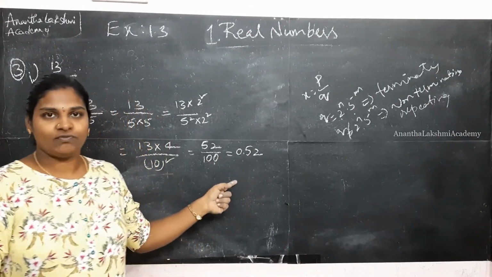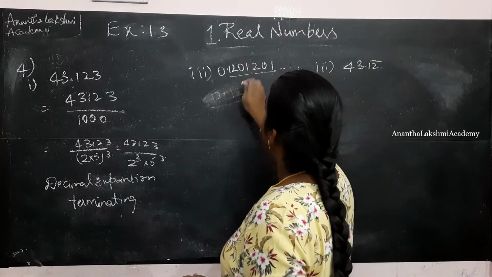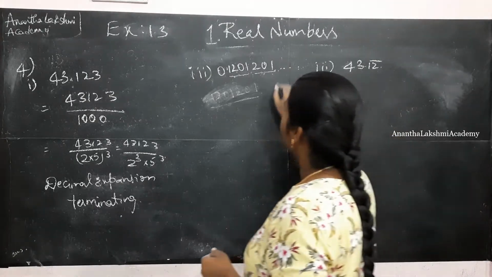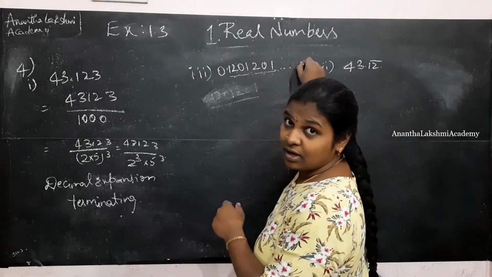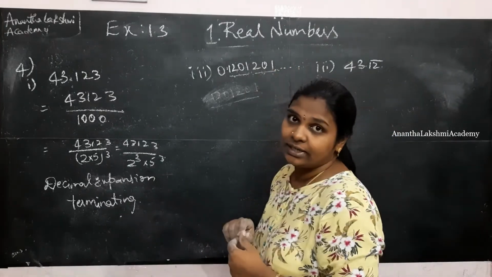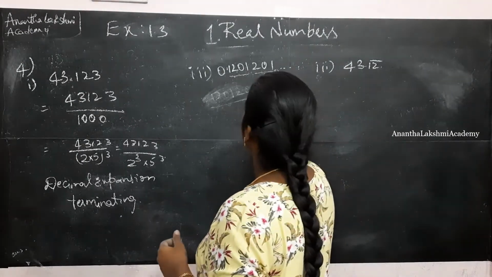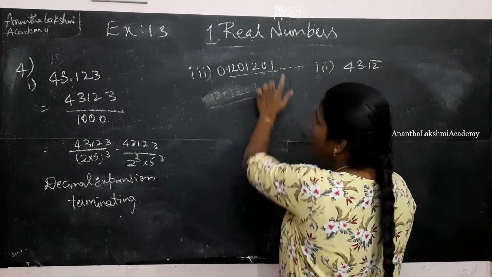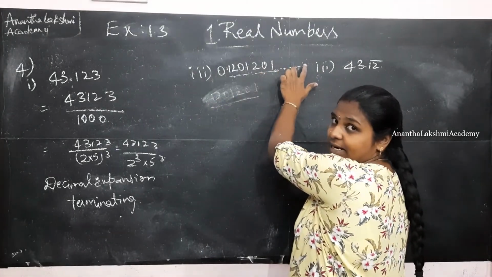So this is 0.52. Now if you see this, 1 2 0 1 2 0 1 and so on, it is going on. If you observe this, the pattern is non-repeating and also non-terminating, isn't it? Even if I try to write it in the form of a fraction, I don't know what is coming in this part.